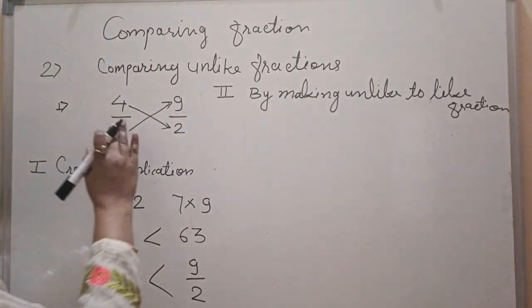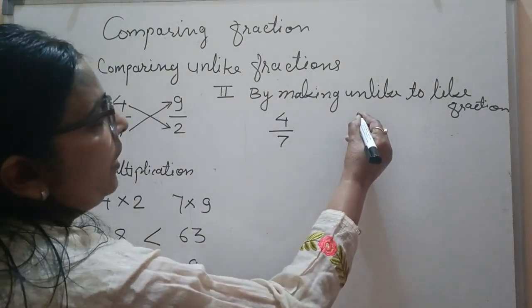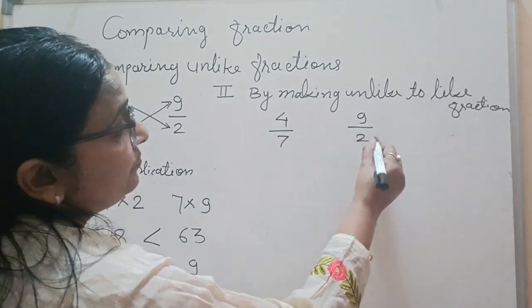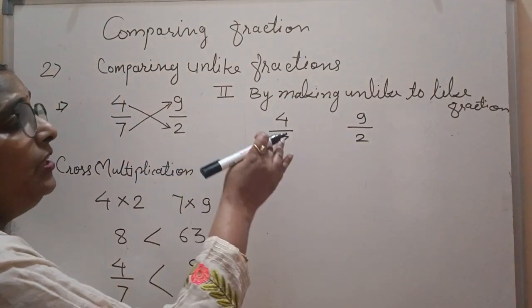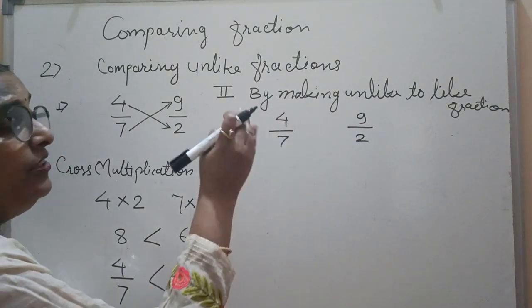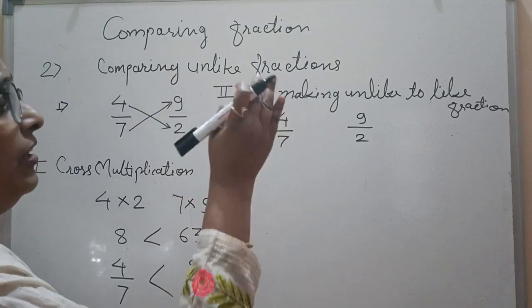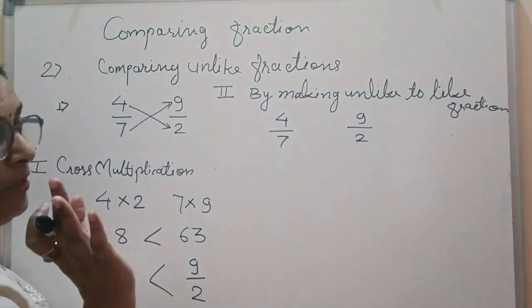Now the second method is making unlike fractions into like fractions. How can you make it? See, again I am writing 4 by 7 and 9 by 2. To make like fractions, you have to look at the denominators. What is a like fraction? Denominators are equal. So you have to take the LCM of these two denominators.